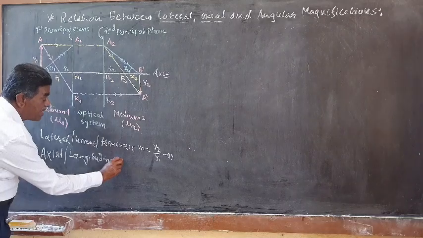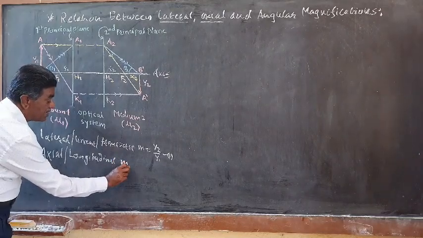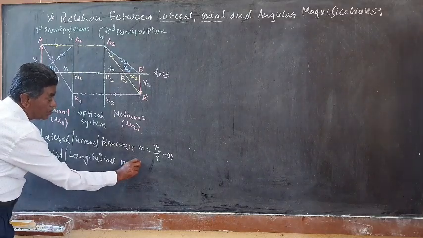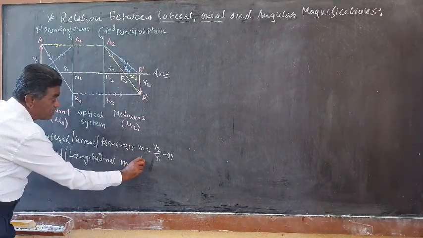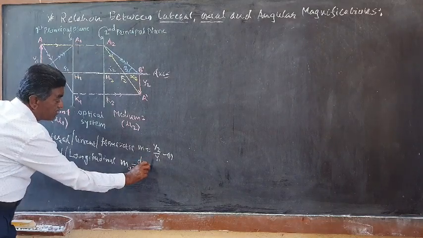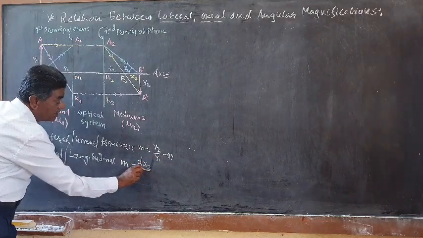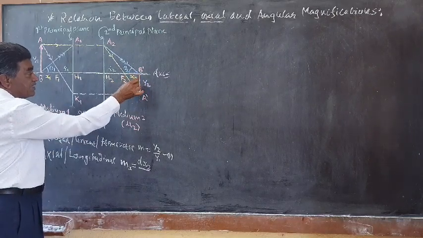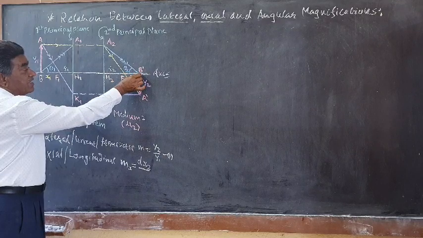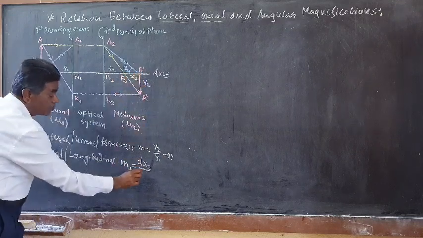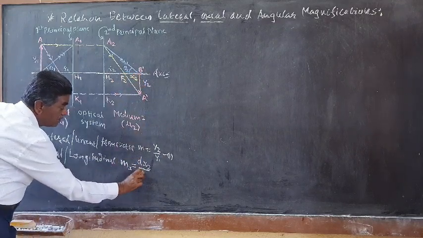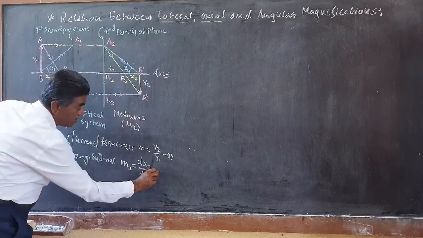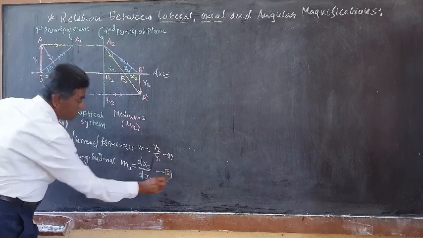It is represented by mx, with suffix x, since it is related to the x-axis. If the extension, depth or thickness of the object on the x-axis is dx2, divided by the thickness of the image on the x-axis, dx1, and this is equation number 2.